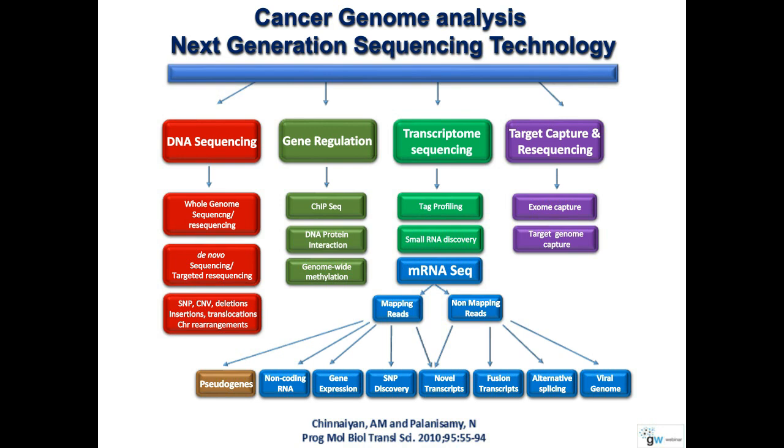Besides the well-known non-coding RNAs and protein-coding genes, our work was the first type of analysis. We looked at the expression of pseudogenes in prostate and other cancers on a genome-wide scale.